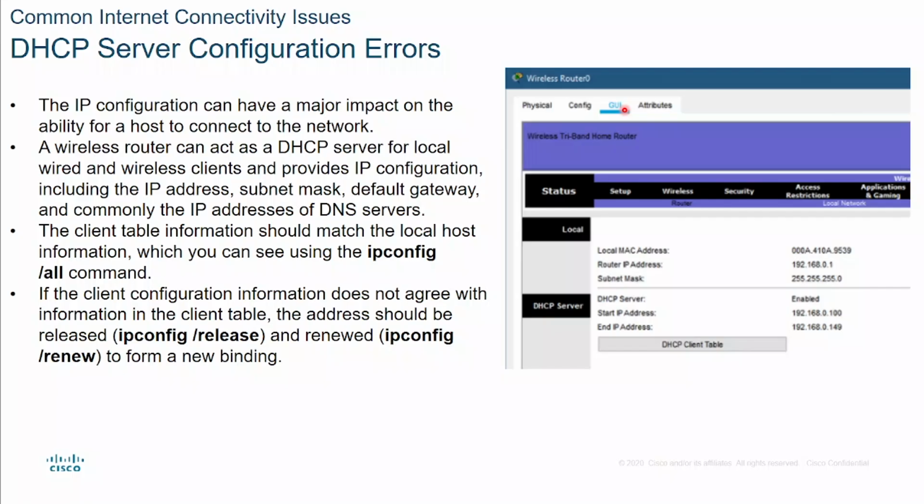Common internet connectivity issues. We'll look first at DHCP server configuration problems. The IP configuration can have a major impact on the ability of a host to connect to the network.